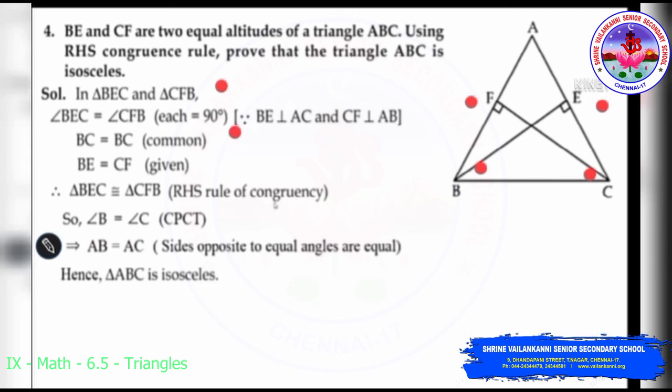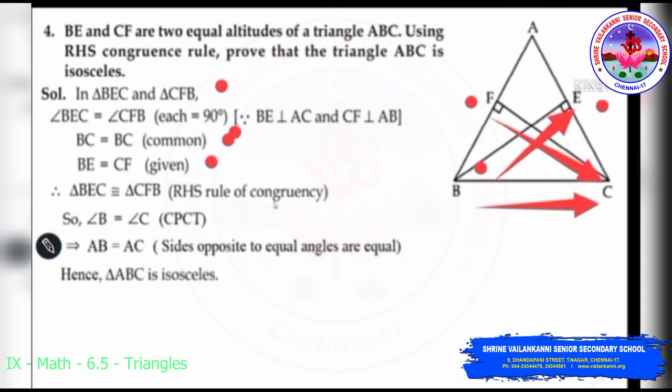We find that in triangles BEC and BFC, BC is the common side to both the triangles, and similarly we know from the problem that BE is equal to CF, the equal altitudes, where BC forms the hypotenuse for both the triangles.